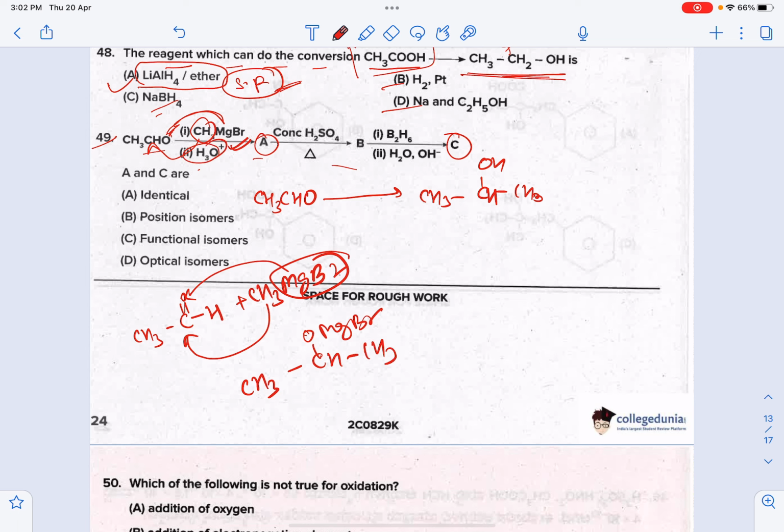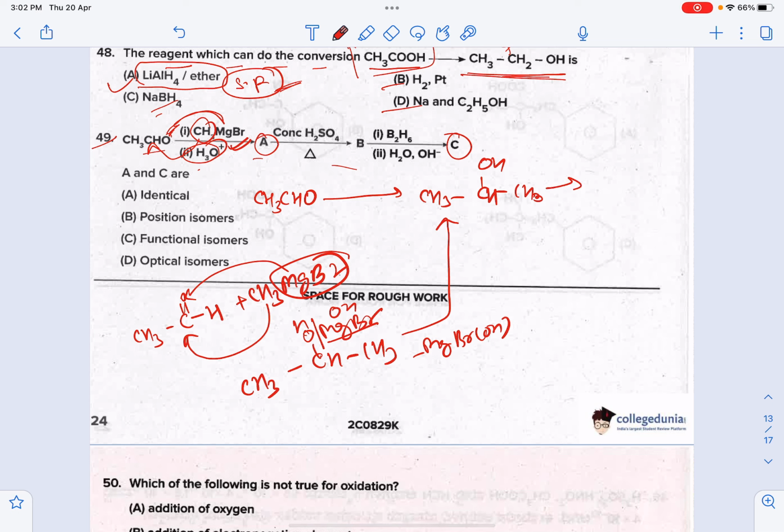When we do hydrolysis in the second step, MgBrOH is removed and we get a secondary alcohol, with H and OH on the carbon.